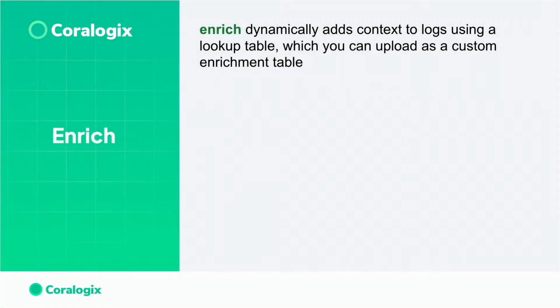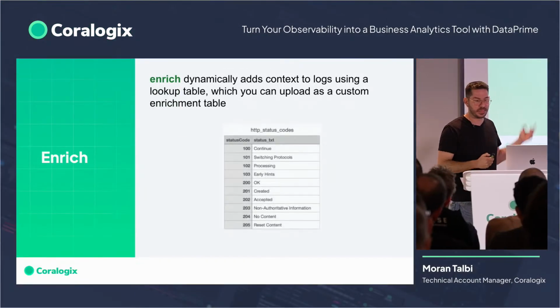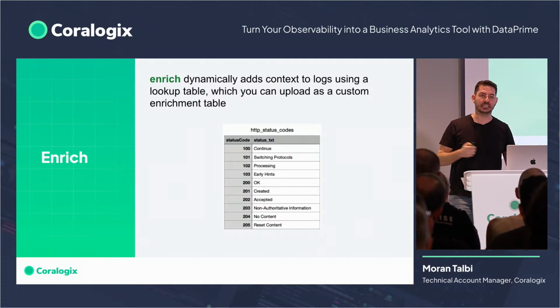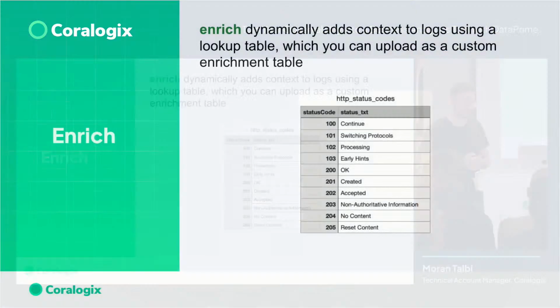So this is about transaction ID, and eventually enrich. Enrich in Coralogix, in DataPrime, is the ability to dynamically add context to existing raw data based on, let's say, a CSV that you can upload.